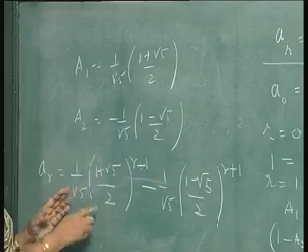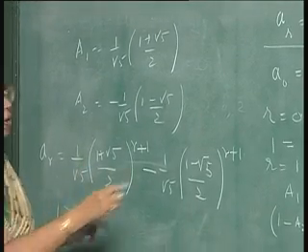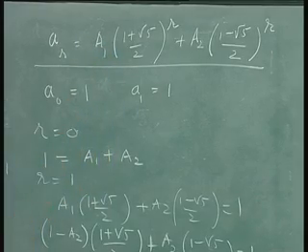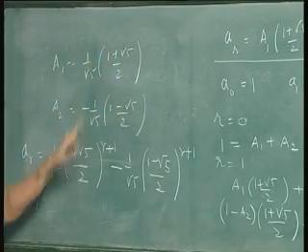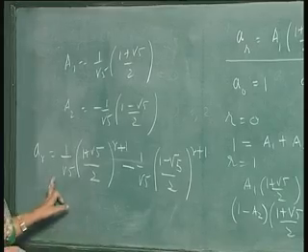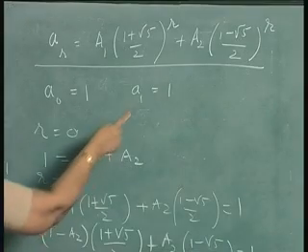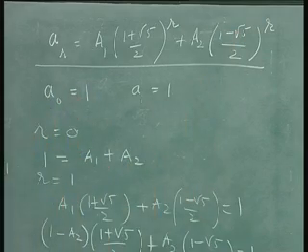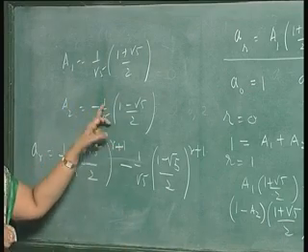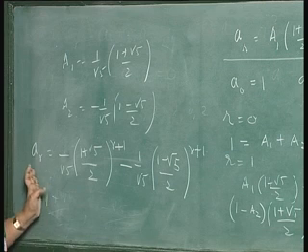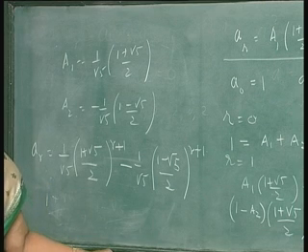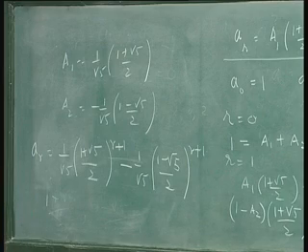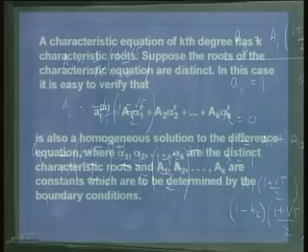Here we had ((1 + root 5)/2)^r, but A1 we have found to be this value. So, putting that you get this term, and here we have A2 times ((1 - root 5)/2)^r, and A2 is this value. So, putting that here you get the homogeneous solution for a_r like this. So, this is when the characteristic roots are all different.